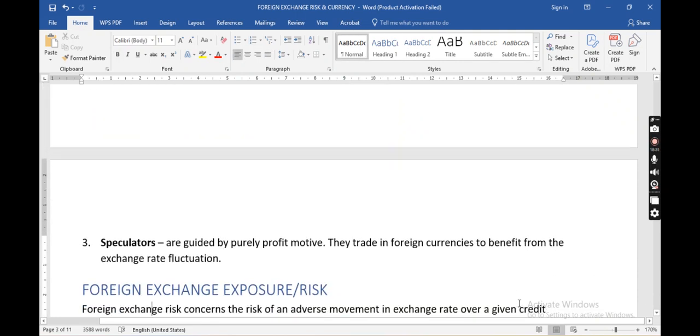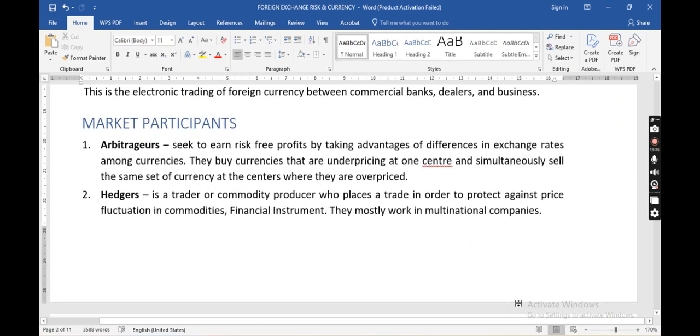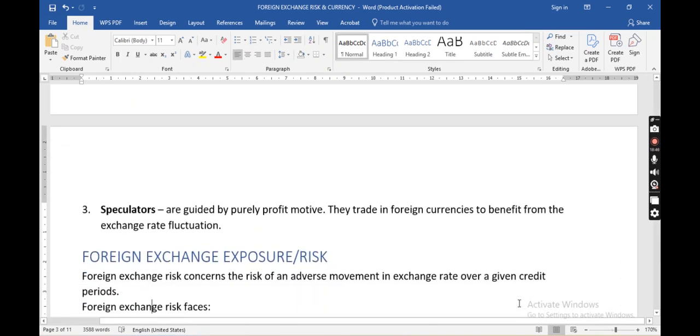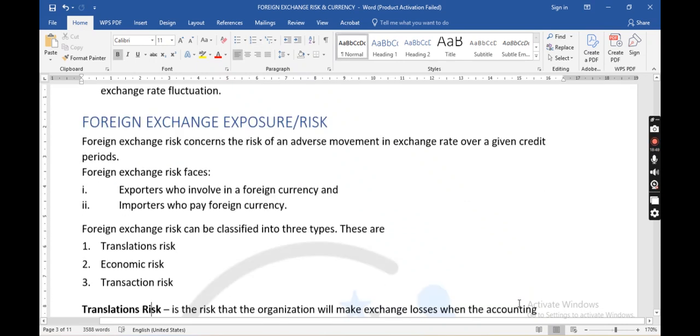Who are arbitrators? These are guys that buy when the exchange rate is lower. They go to the market and buy more.